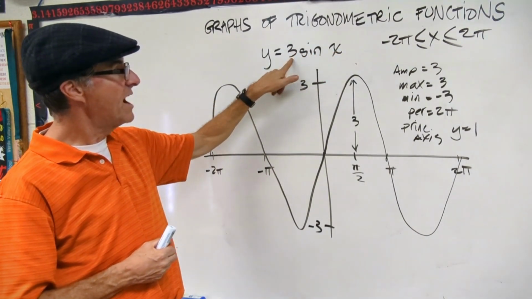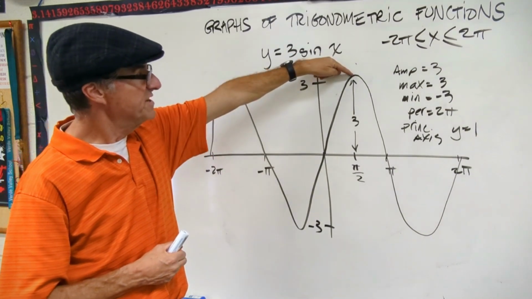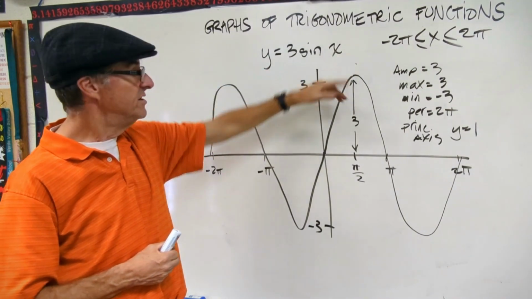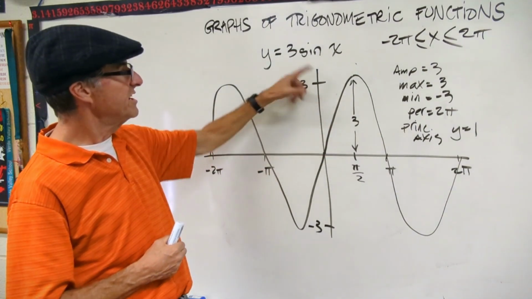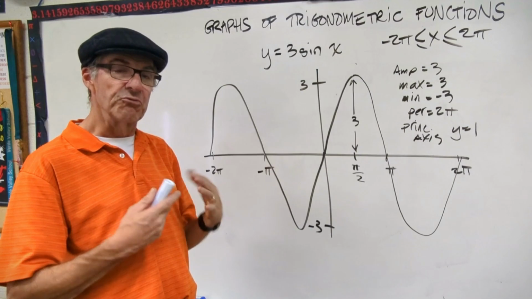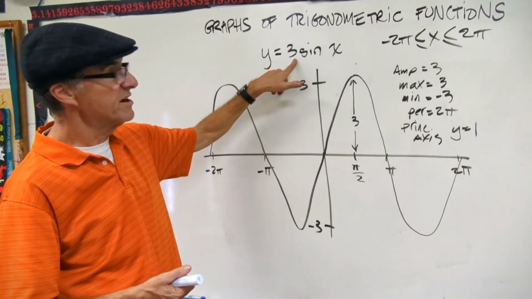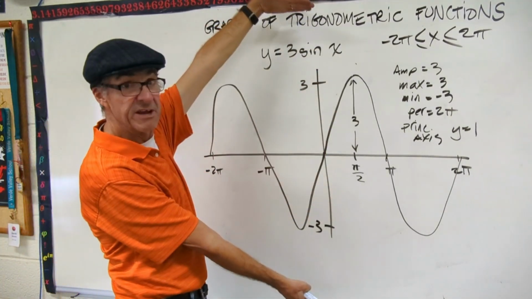Then we multiply it by that 3, and that gives us this point here at 3. So our amplitude went from 1 with sine x to 3 with 3 sine x. That's really all the change this multiplier did. It just made the graph bigger.